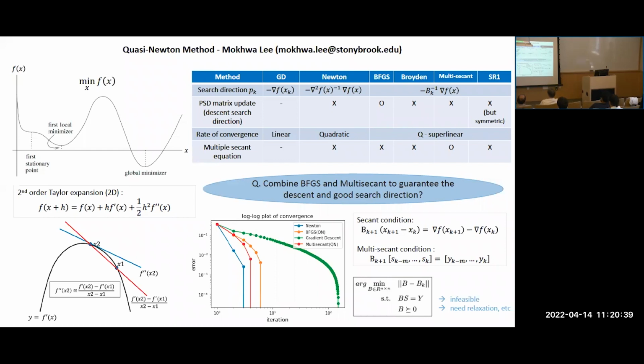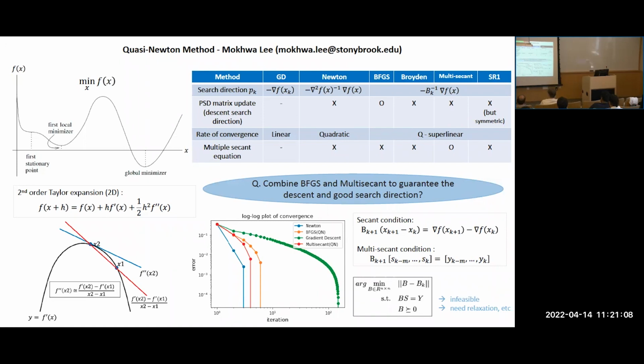So my goal in my project is to combine Newton's method and the BFGS method, which guarantees the positive semi-definiteness of the estimation, while at the same time considering multiple previous secant conditions, so that we have to solve this kind of system of equations. However, if B is positive semi-definite, whatever we multiply the matrix in front of should be positive semi-definite.